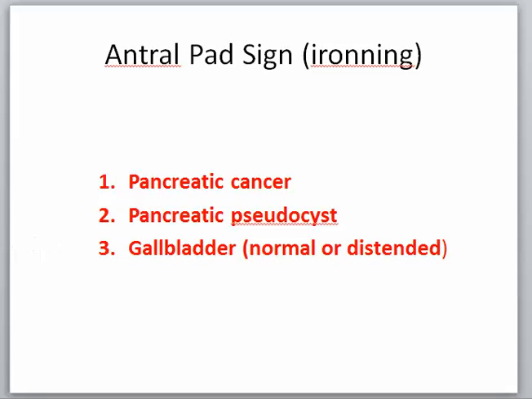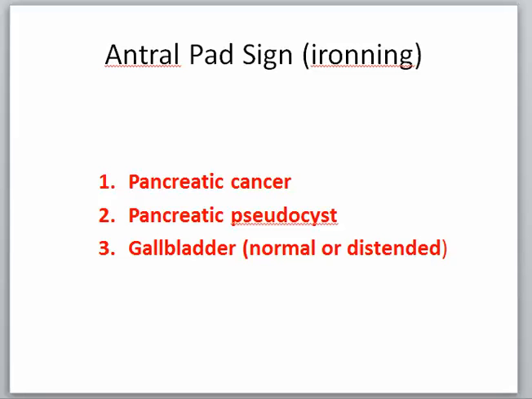Ironing of the region of the pyloric canal and duodenum is called the Antral Pad Sign, or ironing. Ironing means a stretch of this region of the pylorus, canal and duodenum, and it is usually due to pancreatic lesions, pancreatic cancer, pancreatic pseudocyst.